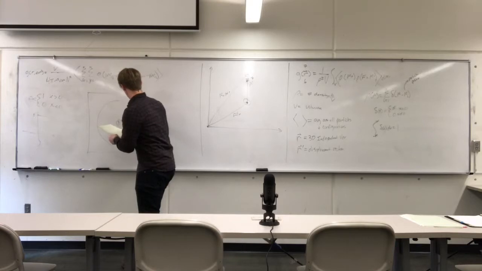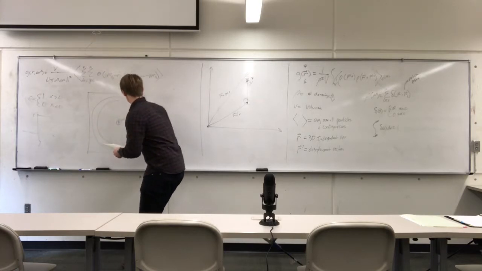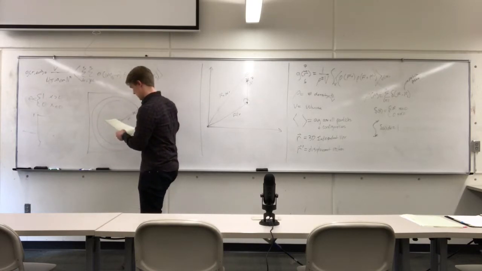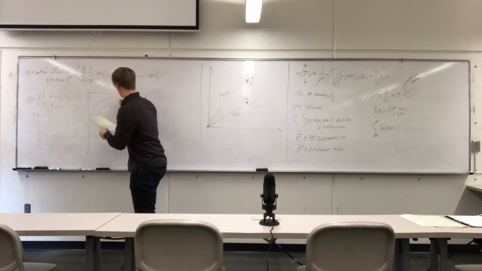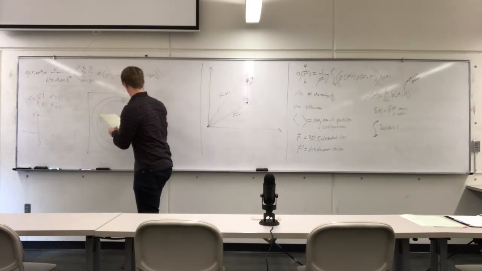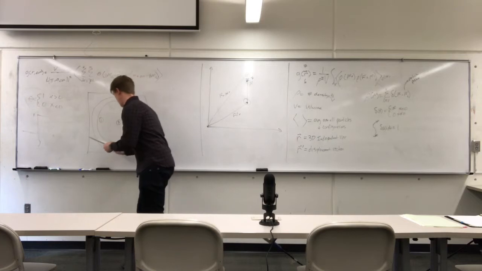We're going to have a shell thickness, delta r. I'll put some particles in here: 1, 4, 5, 6, 7.